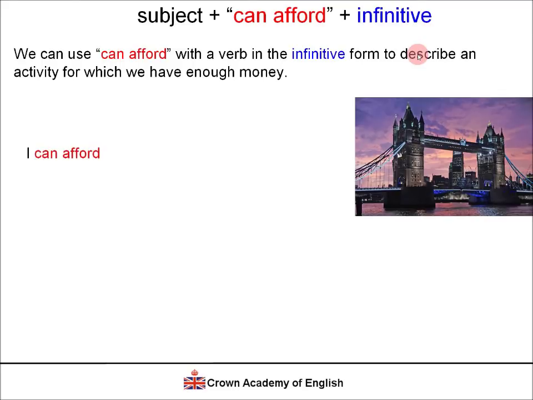Example: I can afford to go to London every weekend. So I can afford followed by the infinitive, to go. So the action here is go, and so we put it in the infinitive form. The action that we have enough money for is here. I can afford to go.